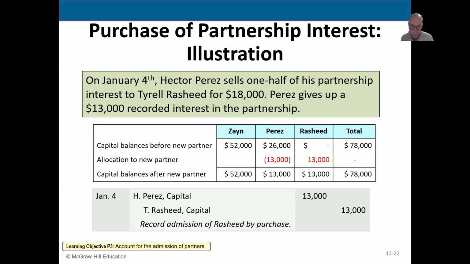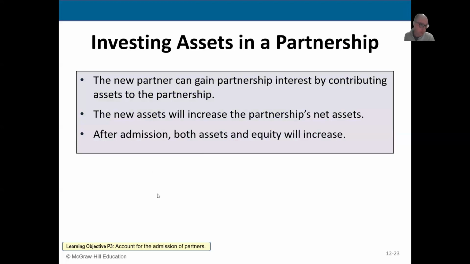So we're taking it out of Hector's account and putting it into Tyrell's. We debit Hector 13,000, credit Tyrell 13,000. That's how we would introduce a new partner into the business by buying shares from an existing partner.